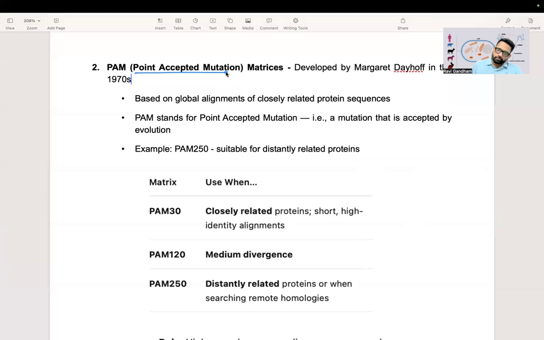Point accepted mutation was first given by Margaret Dayhoff. And this entire matrix calculation is based on global alignment of sequences that were 85% similar. That's what I told you, right? Remember, hopefully. Now, when we selected PAM1, what did we do? We selected chunks out of the entire length of sequences that were 85% similar. We picked out those chunks that had one mutation for every 100 amino acids.